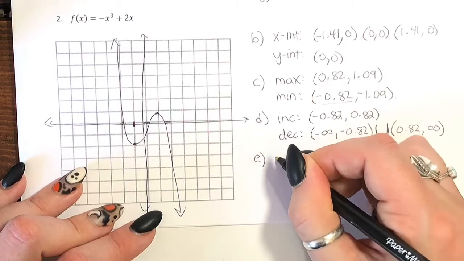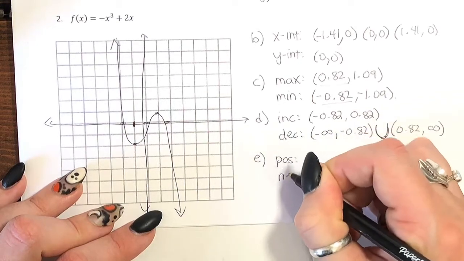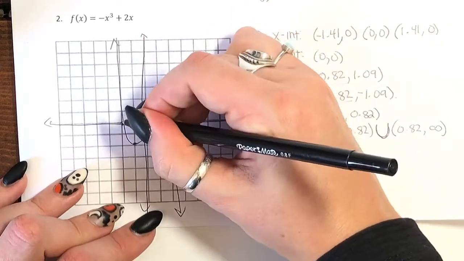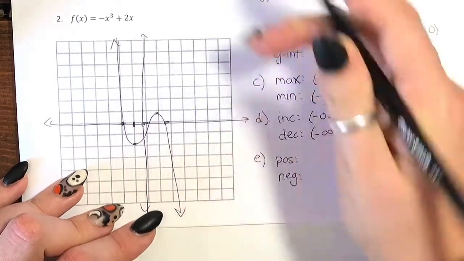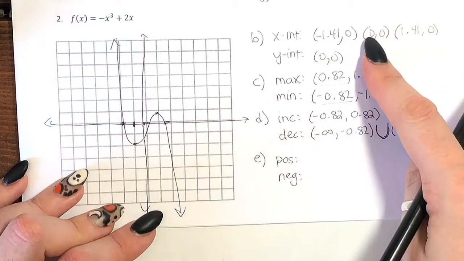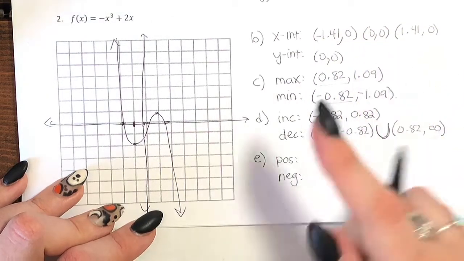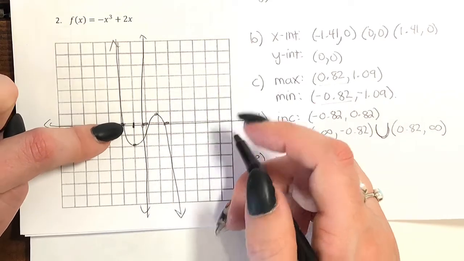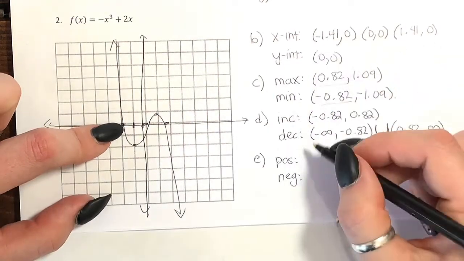And then the next section is positive versus negative. And again, the positive and negatives switch at your x-intercepts, which we also already found. We found negative 1.41, 0, and positive 1.41. So I'm positive from negative infinity until this x-intercept, which was at negative 1.41.